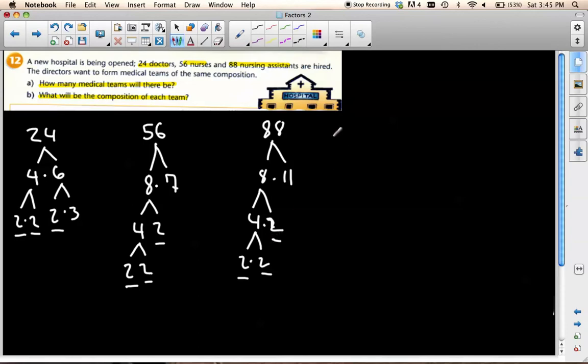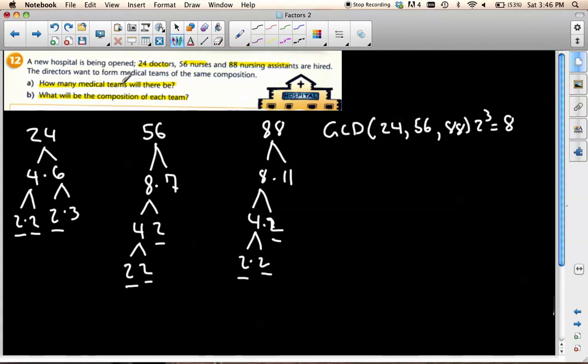So our greatest common divisor of 24, 56, and 88 is 2 to the power of 3, or 8.